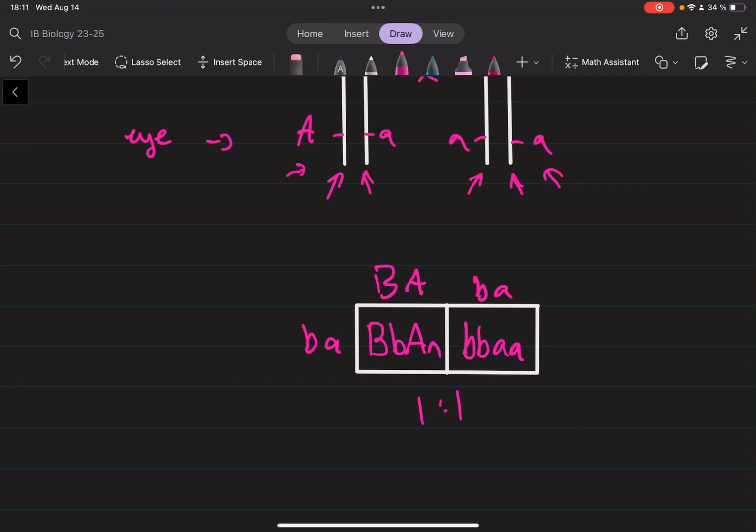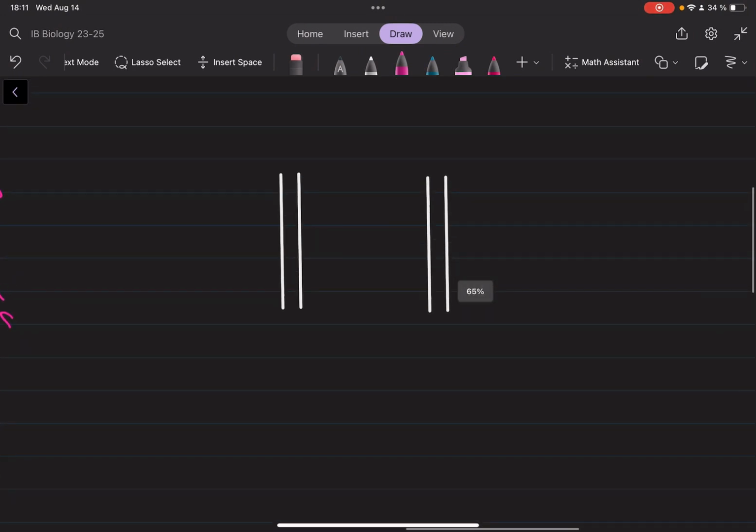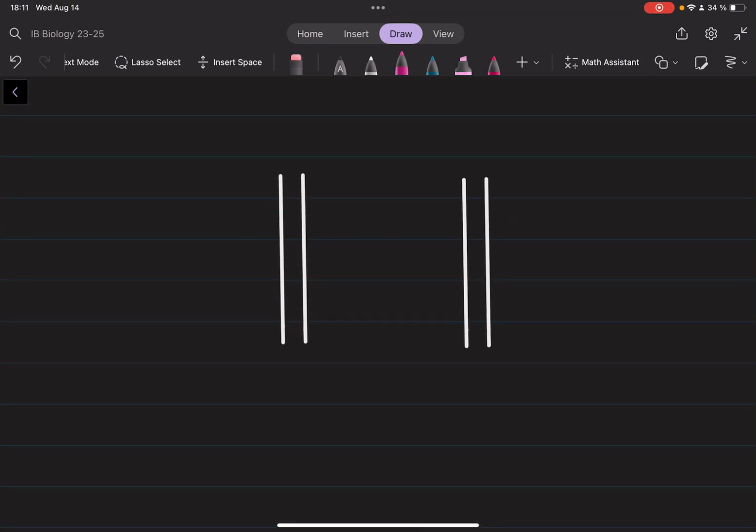Now, this phenotypic ratio can change a little bit through the process of recombination. Recombination is essentially the process of two homologous chromosomes pairing up, and then part of their DNA is switched. So let's say that we have the heterozygous parent, and let's say that this part of the DNA is swapped out, so there's crossing over here.